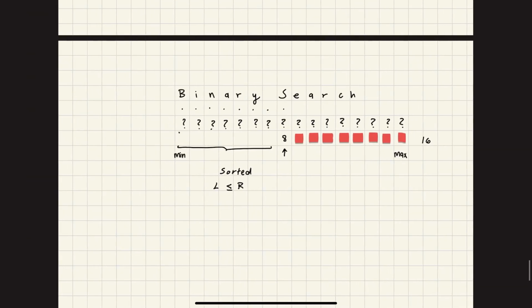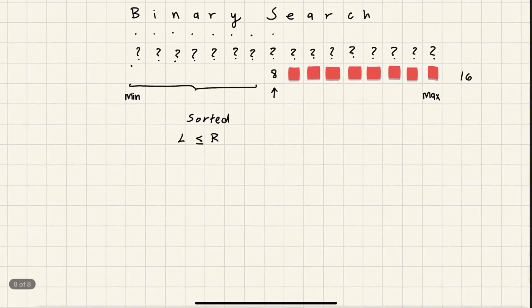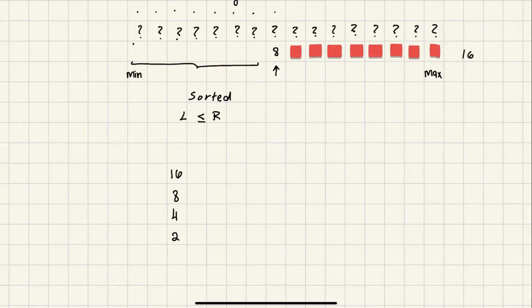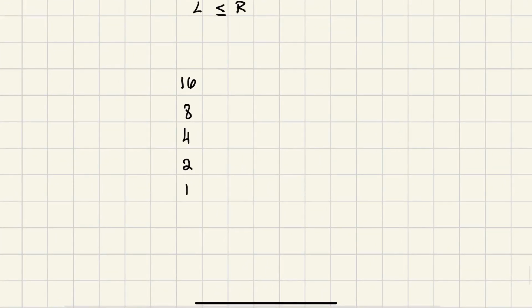And how do we do that? Well, here, remember, we started with 16 in our first example, right? And then we broke it down to 8, and then to 4, and then to 2, and then to 1. And then from there, we found our target.